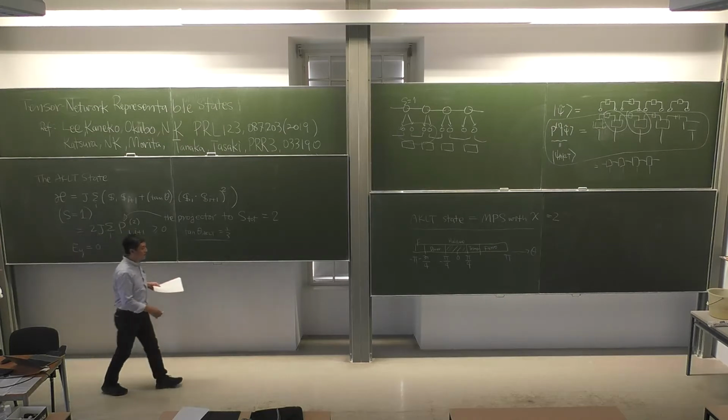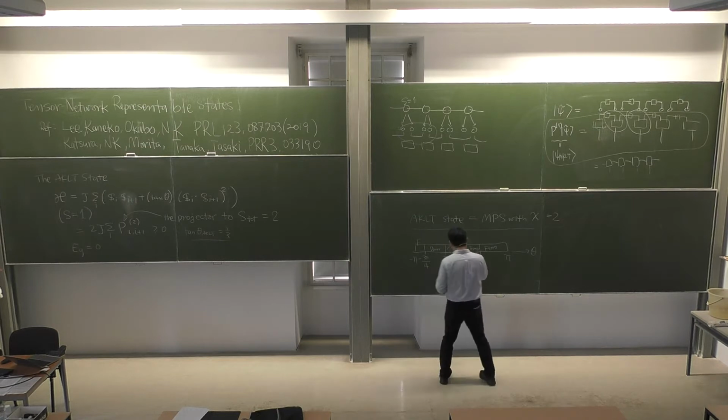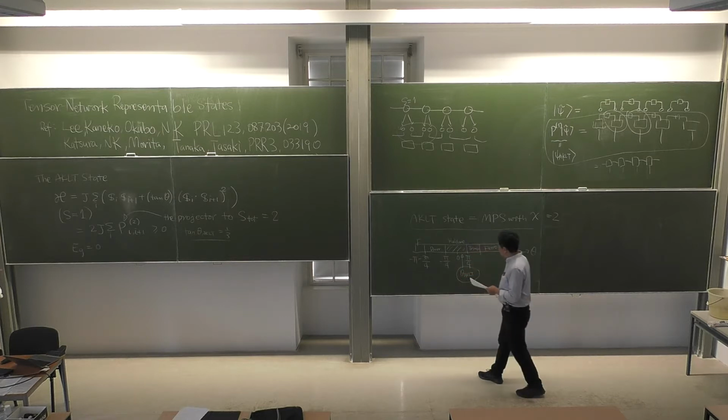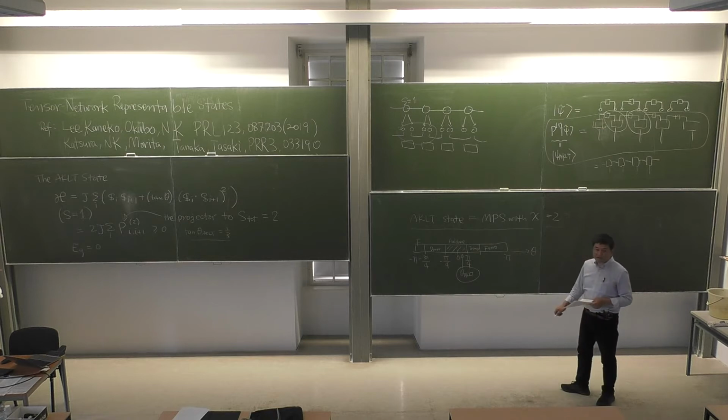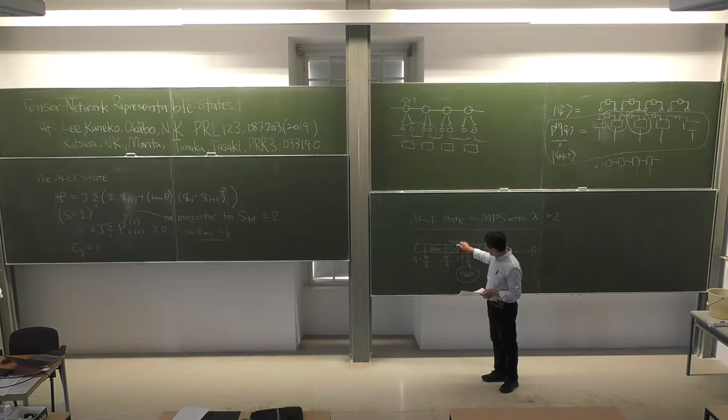That particular value comes somewhere around here. So from this phase diagram, it is clear that the AKLT state is smoothly connected to the Haldane state, which comes here.